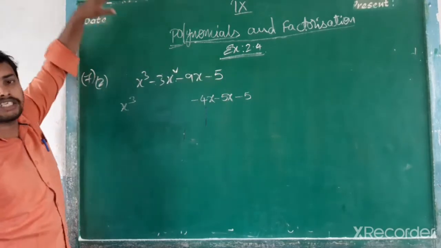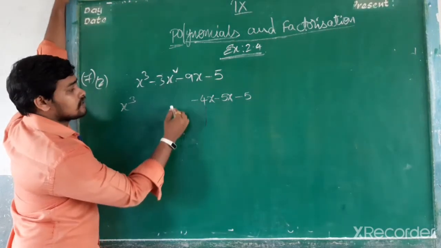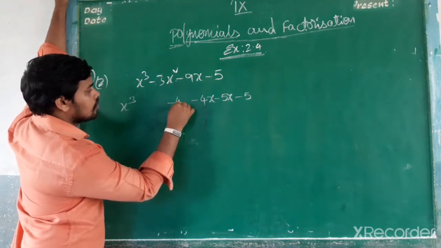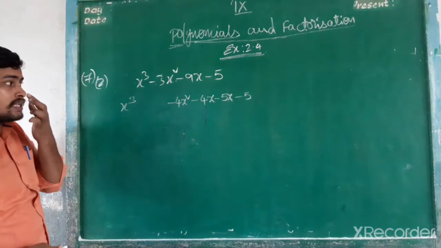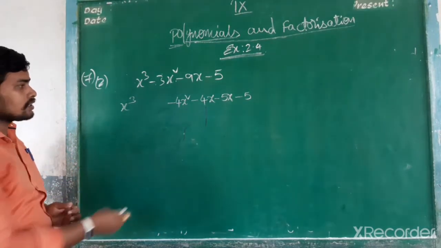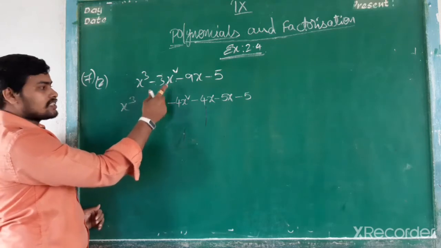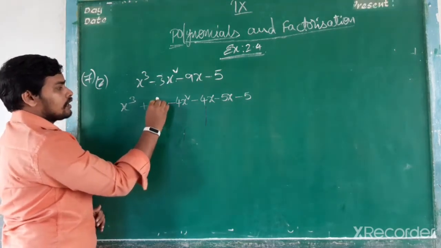Next, move on to the x square term. So here minus 4x is there. You have to write minus 4x square. Okay, same process. But the result is minus 3x square. So here minus 4 is there. So you simply write x square.